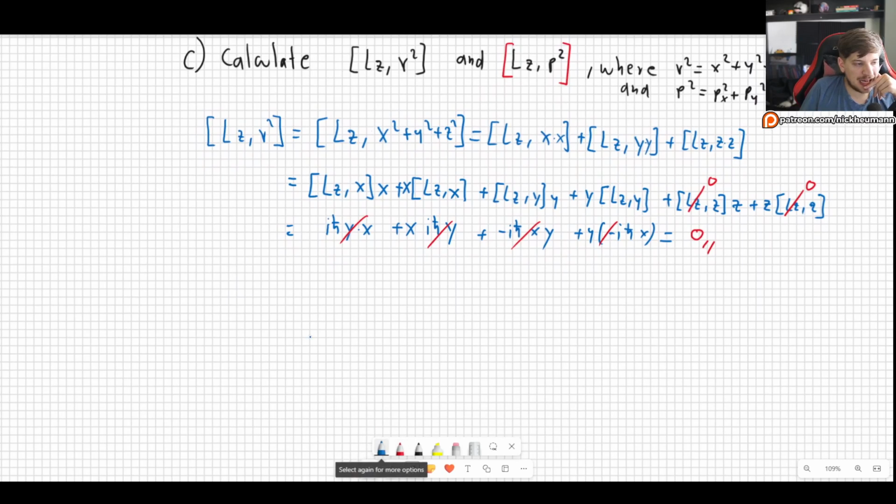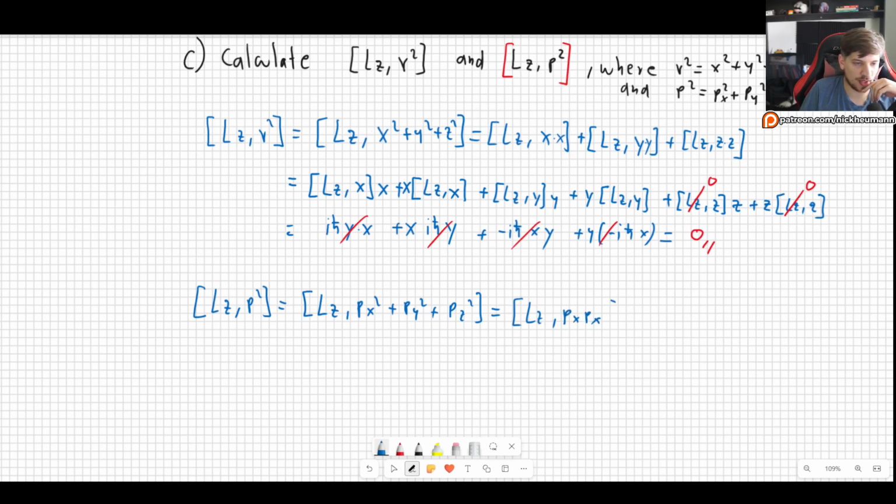Okay, now let's go for the second one, which is [Lz, p squared]. So again, let's write it out. This would be [Lz, px squared plus py squared plus pz squared]. And we're going to do the exact same thing. So [Lz, px squared], and let's just write it out as px px right away, plus [Lz, py squared] plus [Lz, pz squared].